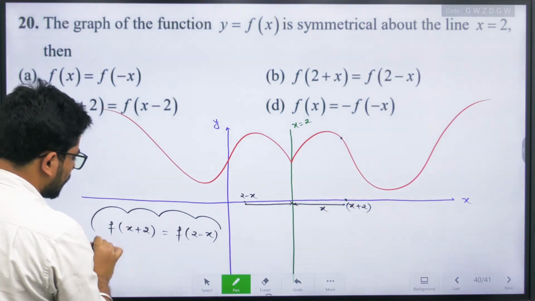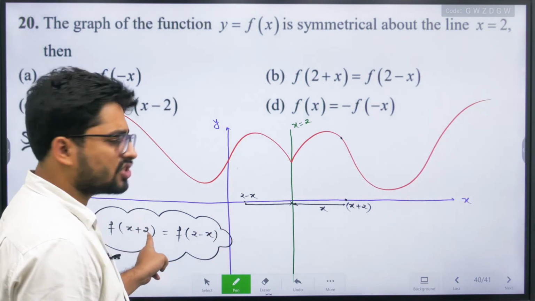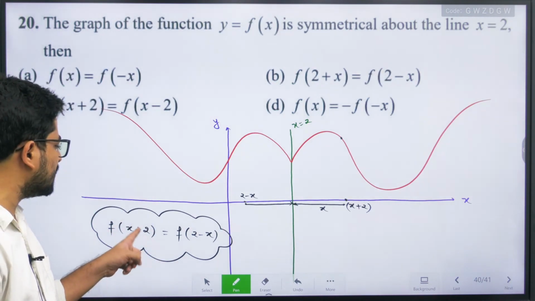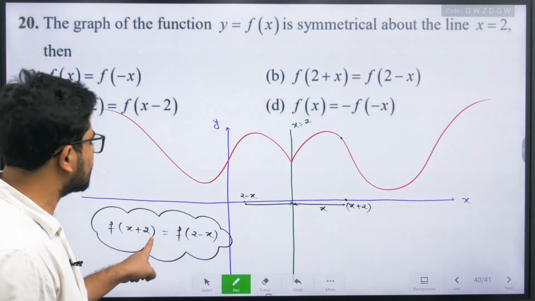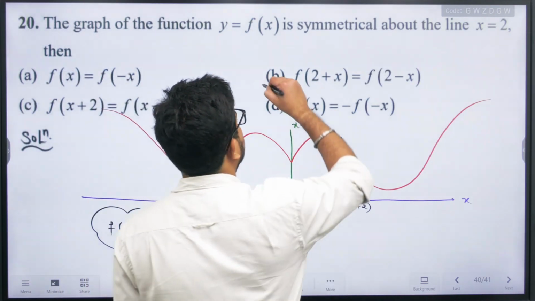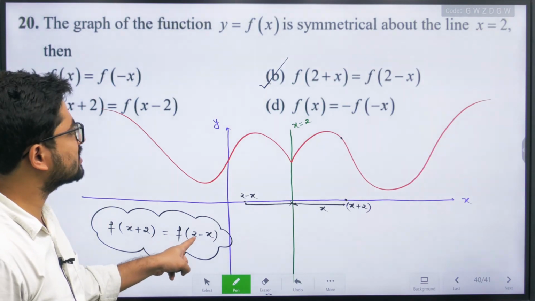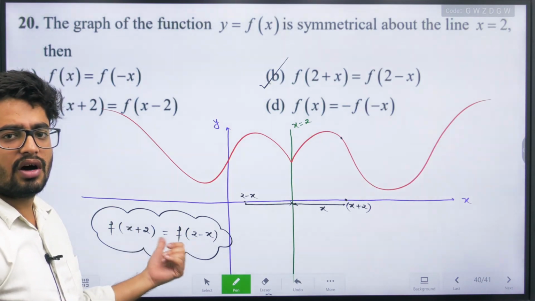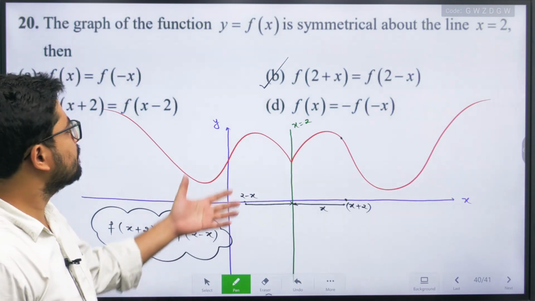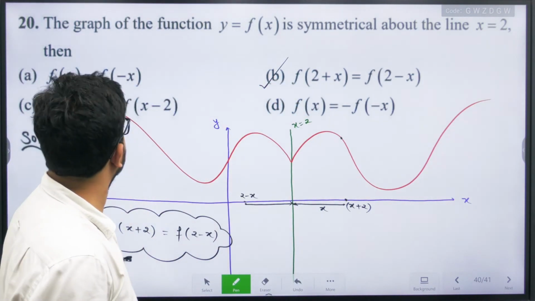This is the final answer: x plus 2 can be written as 2 plus x, so f of 2 plus x is equal to f of 2 minus x. So option B is the correct one: 2 plus x and 2 minus x have the same function value. B is the correct option here.